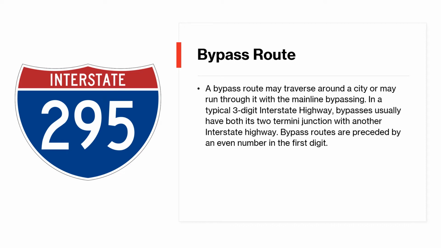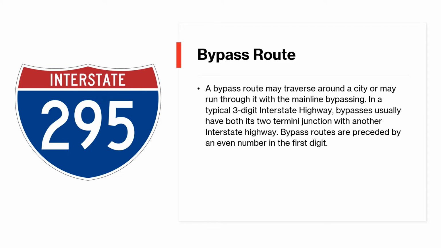Let me give you an example. I-275 in Tampa, St. Petersburg, Florida. Its southern end is I-75 in Bradenton. Its northern end is I-75 just north of Wesley Chapel, and it connects with that.